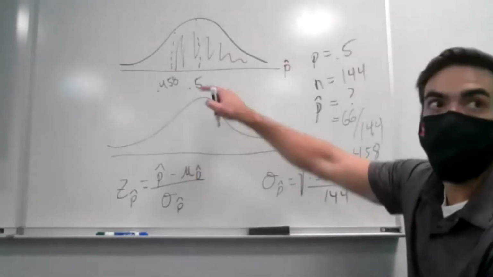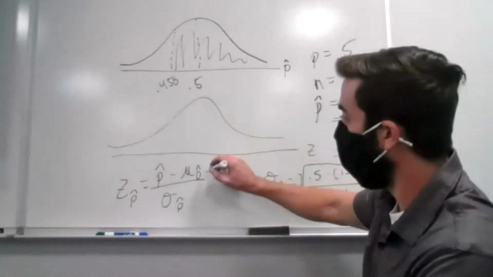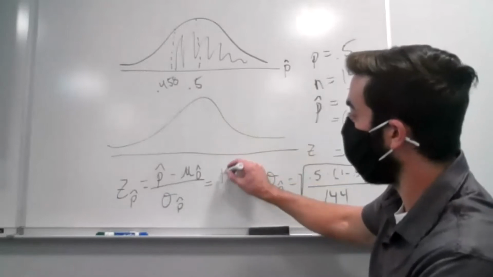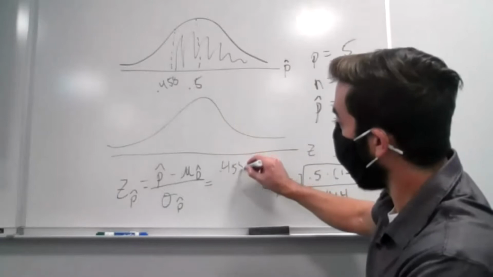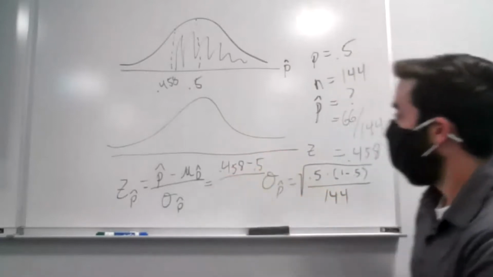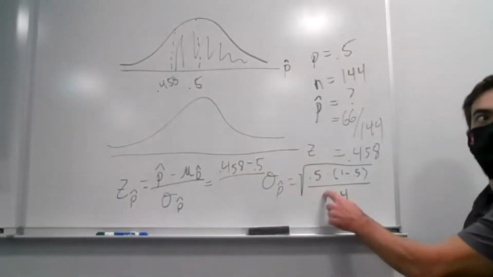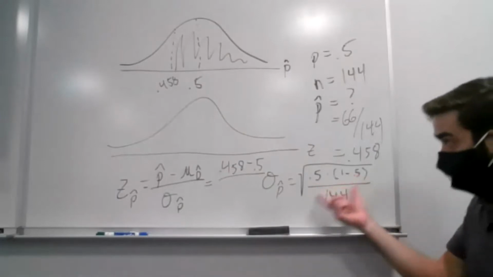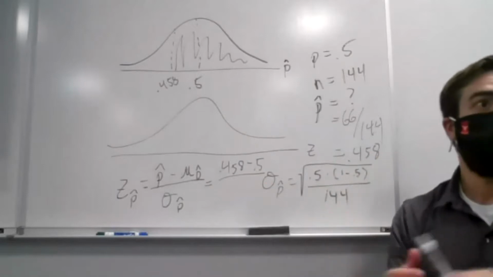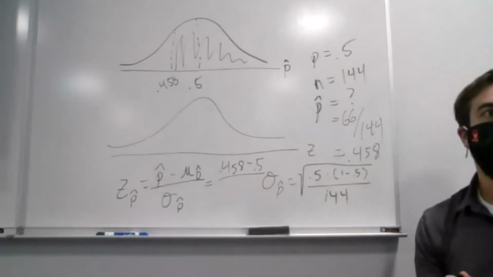Well, I know that's just whatever the population proportion was. So I could think about this as 0.458 minus 0.5, and then divided by whatever this ends up being. Or I can do it all in one step, plug this whole thing into the equation and enter it all in my calculator at once, whichever way is easier for you to think about.